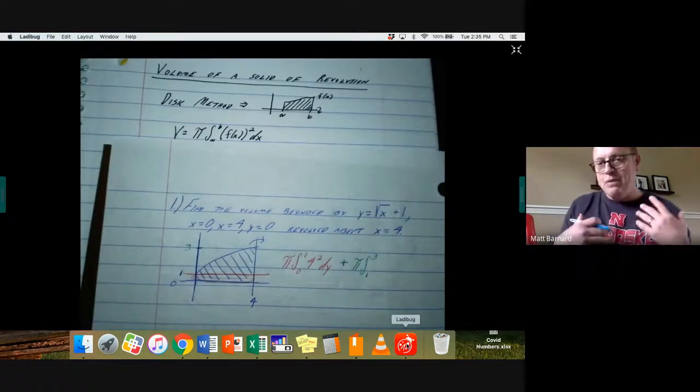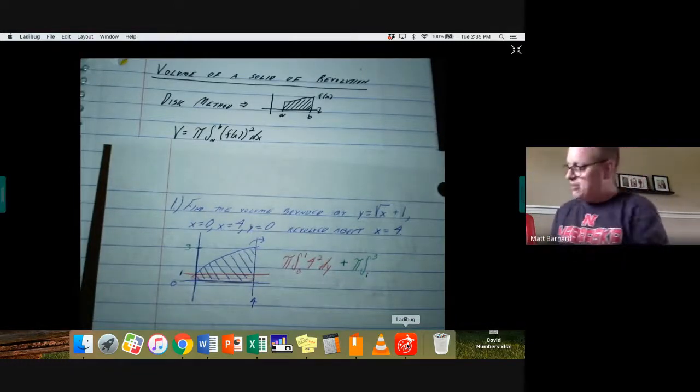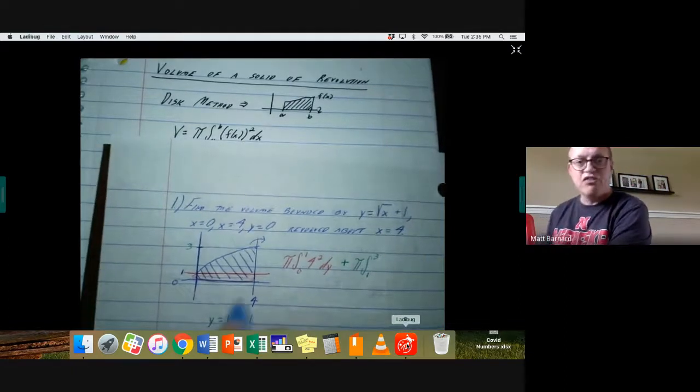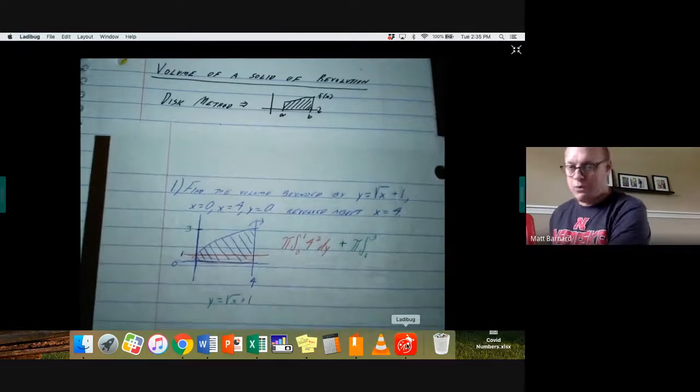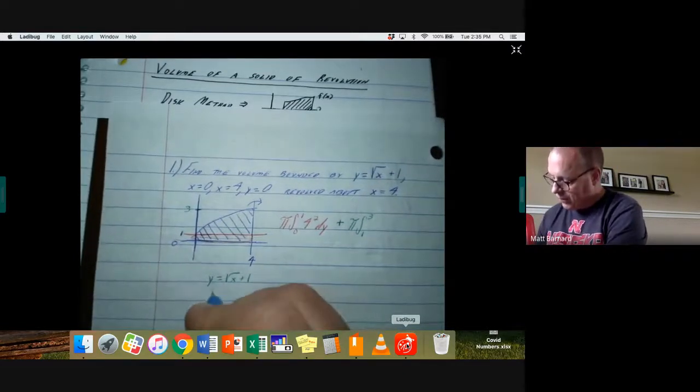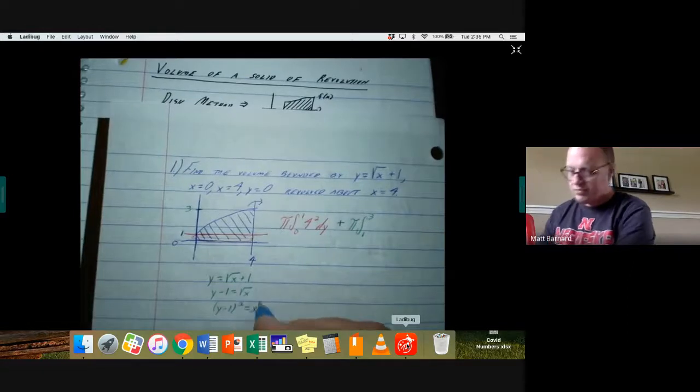Now, because I'm in terms of y, I need to rewrite y equals the square root of x plus 1 so it is in the form x equals. To do that, I'll take 1 away and square both sides and get there.